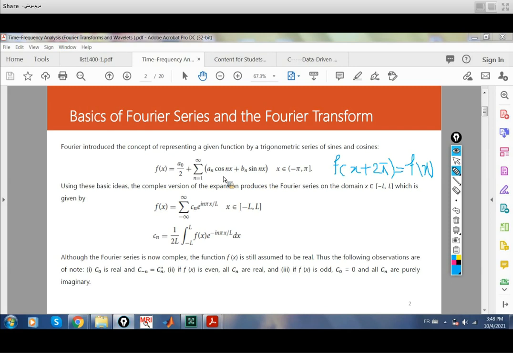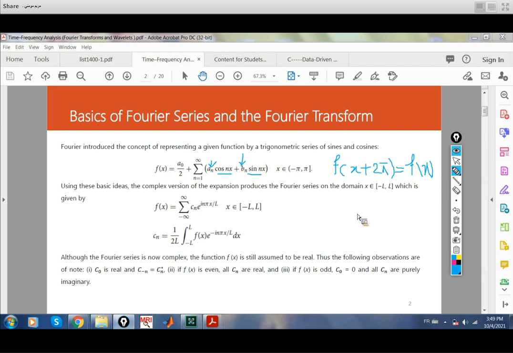Okay? And if you pay attention to this equation, you see that this periodic function, cosine and sine, has some coefficients. And we can calculate these coefficients A0, An, and Bn.